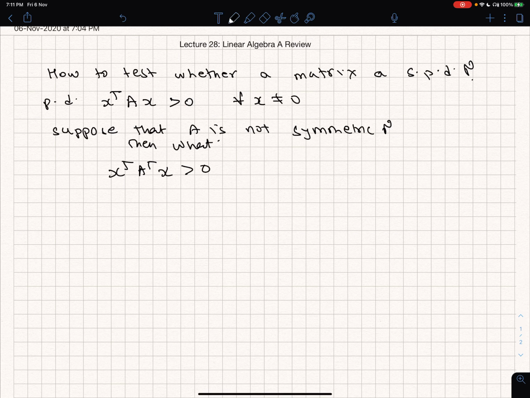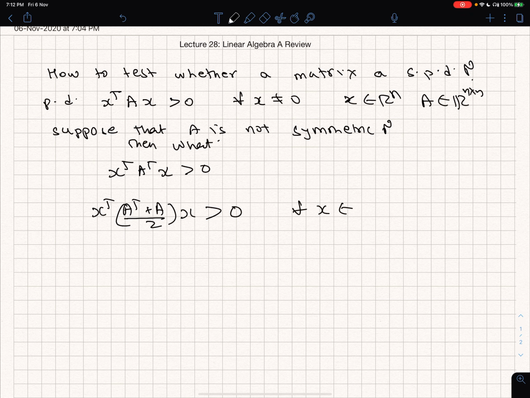Now you just add the two and look at their mean. So x transpose (A transpose plus A)/2 times x is also greater than 0 for all x in Rn not equal to 0.